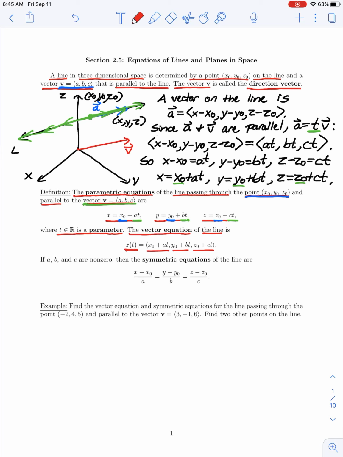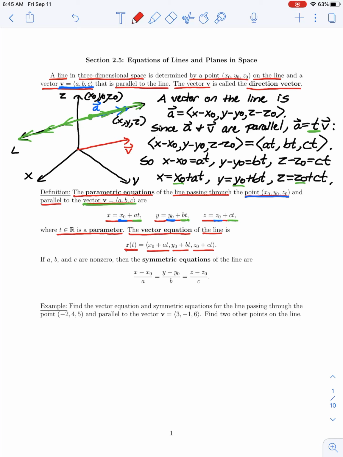So if we take those three parametric equations for our line, that is for x, y, and z, and we put them into the x, y, and z components of a three-dimensional vector, that is a vector equation of that line.